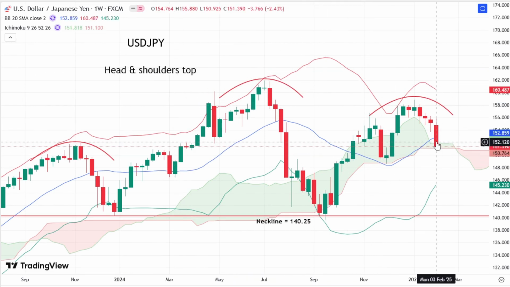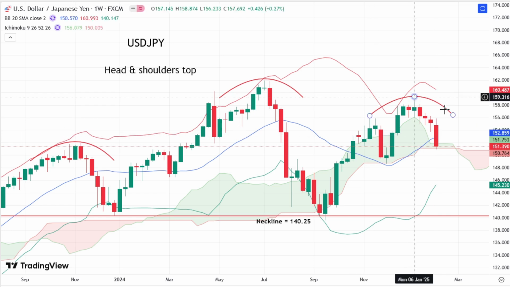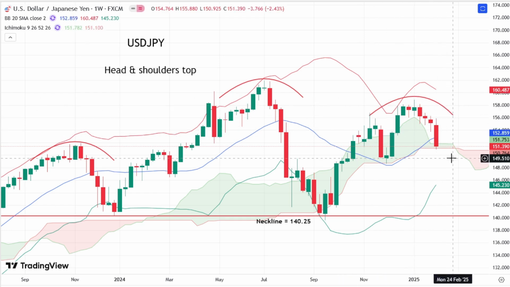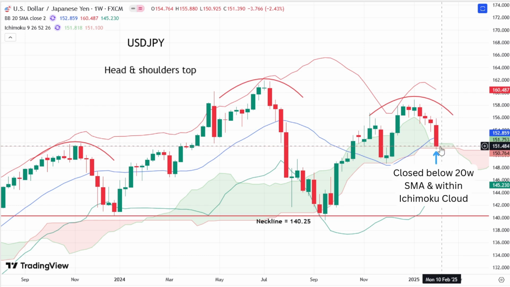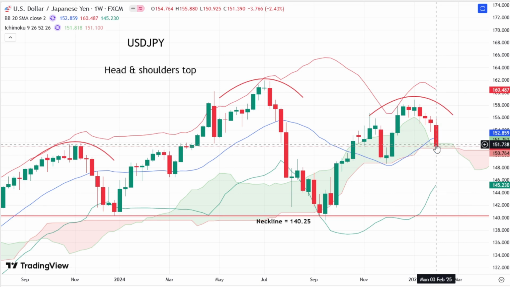So the latest weekly candlestick has just formed, likely the second shoulder of the head and shoulders top, and we have had a close below the 20-week simple moving average, as well as closing within the Ichimoku cloud. Still, we need bearish confirmation on the weekly chart, which is via a weekly close below the neckline at 140.25.